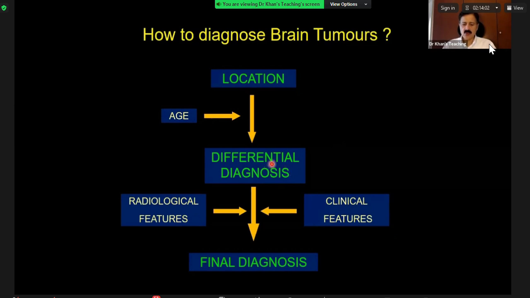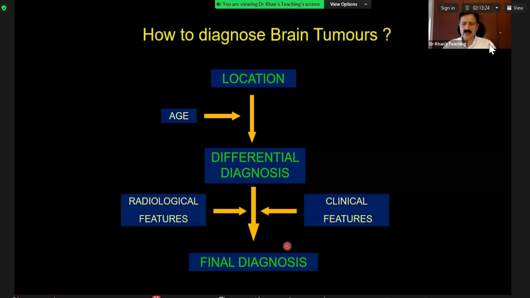And then if you know the radiological features and sometimes the clinical features, in some of the tumors the clinical features are very important, then you can really give a final diagnosis. In the exam cases, as we will learn today, you might like to give 1, 2, 3 differentials, not more than that. There will be many cases in the exam where you might like to give one final diagnosis quite confidently.